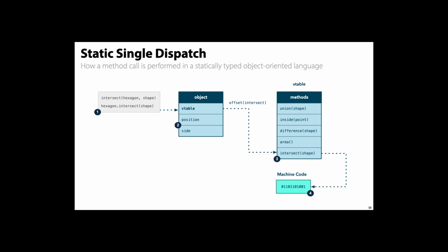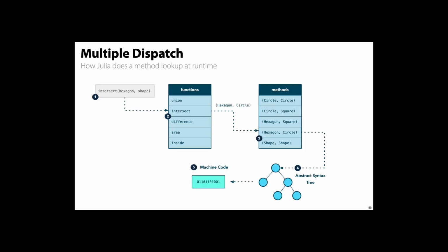So when we're calling intersect, what we do is an offset. The compiler has turned it so the name intersect isn't there anymore. It's just an integer offset into a table, and we find a pointer to some machine code and we run that. So that's pretty fast.